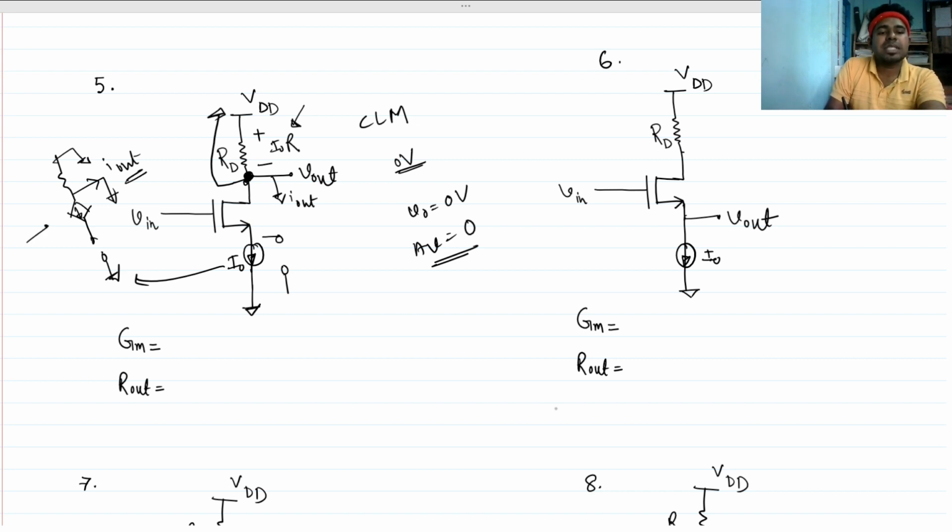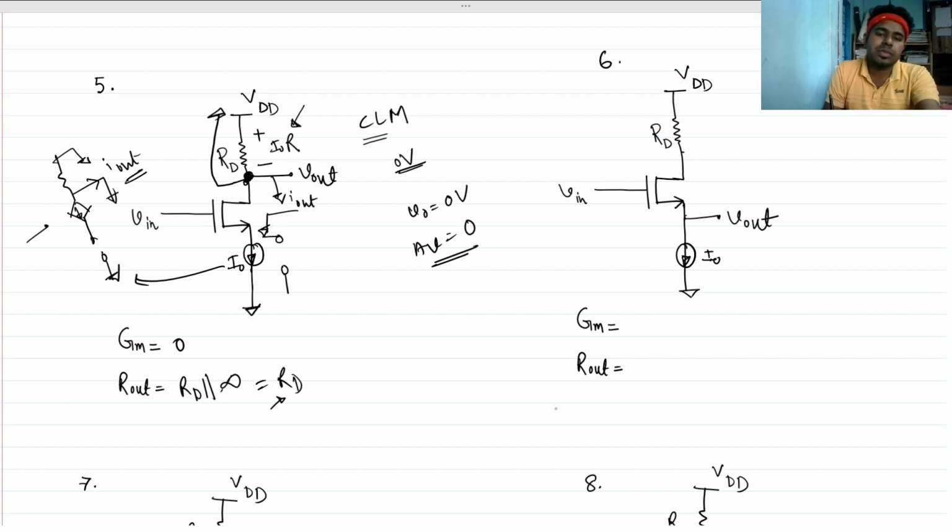So if I out is 0, the overall GM is also 0. So we need not find the output impedance. In this case, the output impedance will be RD parallel rd, and if channel length modulation is neglected, RD itself.